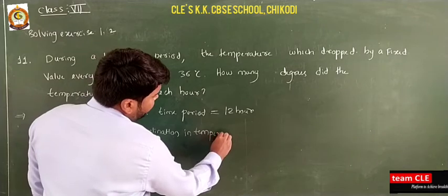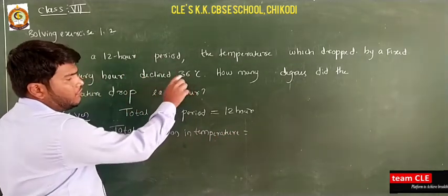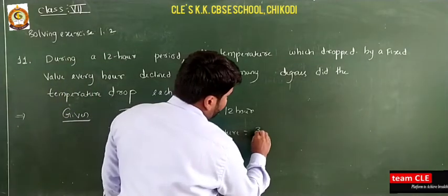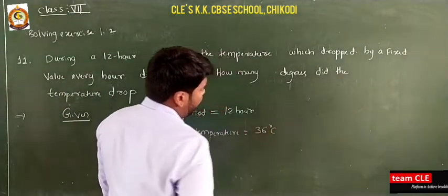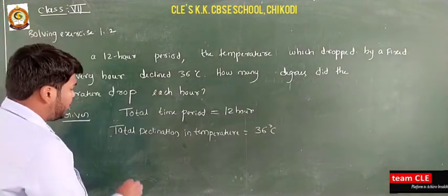Total declination in temperature is how much they have given? That is 36 degrees Celsius.